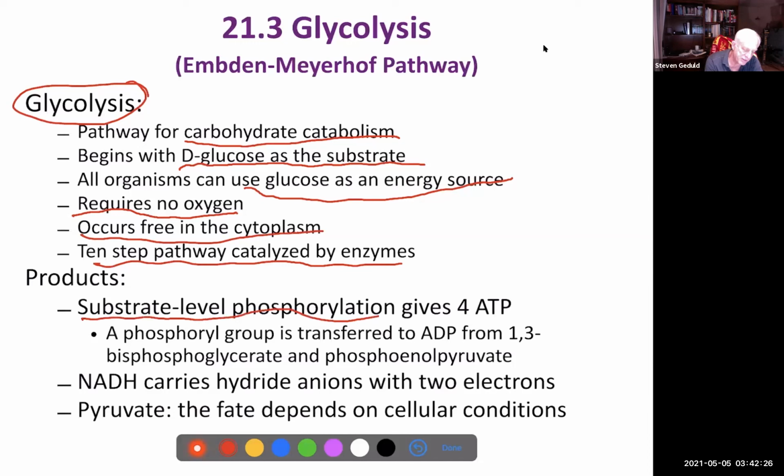By adding phosphates, you get 4 ATPs generated. Okay. A phosphate group is transferred to ADP from 1,3-bisphosphoglycerate and phosphoenolpyruvate. So it is transferred to an ADP, and from that ADP, you make ATP.